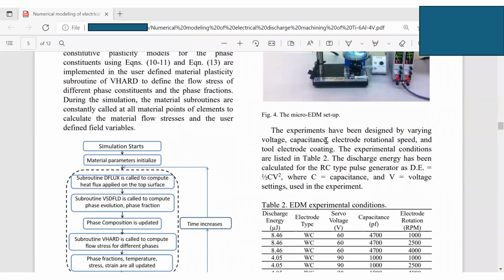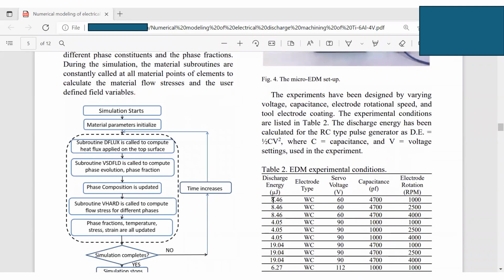So here are the experimental conditions: the discharge energy, electrode type, servo voltage, capacitance, and electrode rotation. These five can be controlled, and they are independent variables. You can control them, and then you get the result. The electrode is rotating.